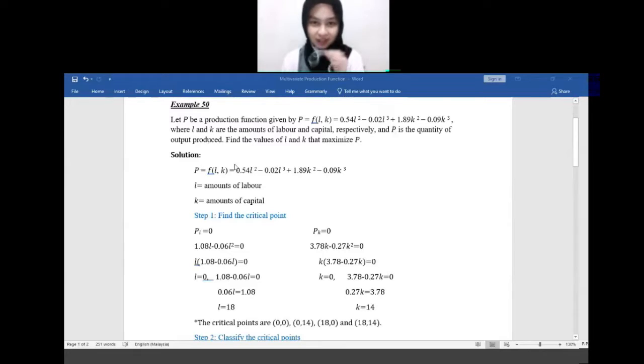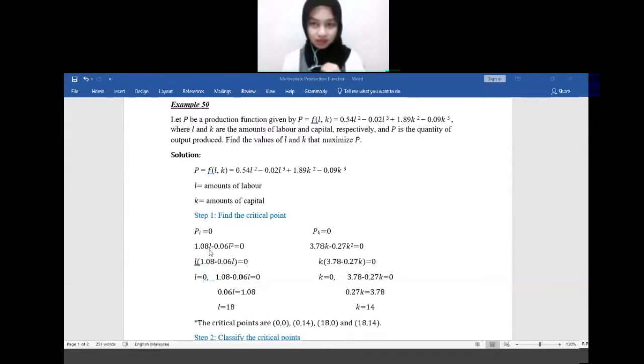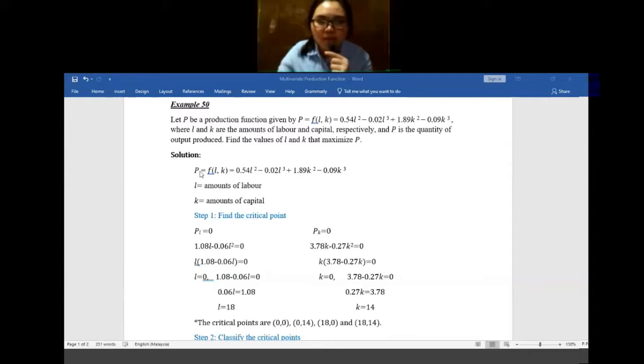Okay, we get the equation of the first derivative with respect to L from the function P. So we need to see the variable L. So we take 2 times 0.54, so we can get 1.08. And we need to minus 1 from power 2, so we get the power 1.